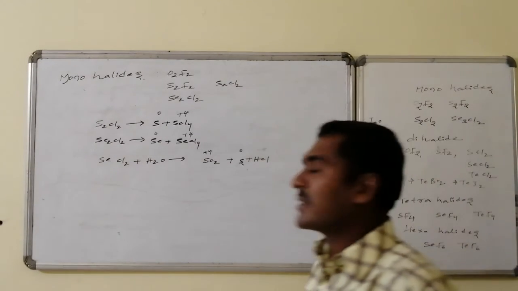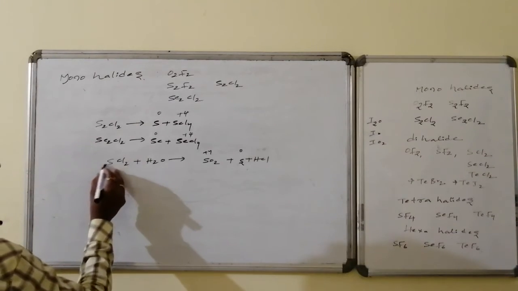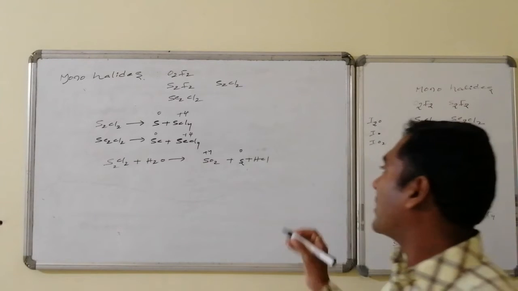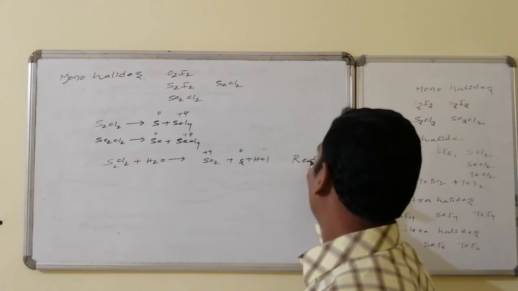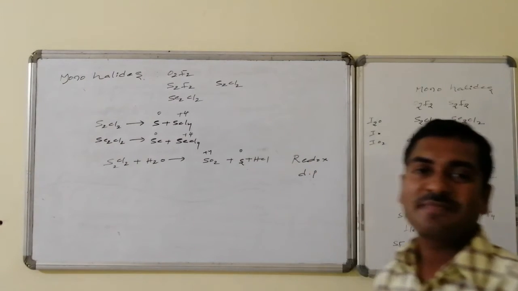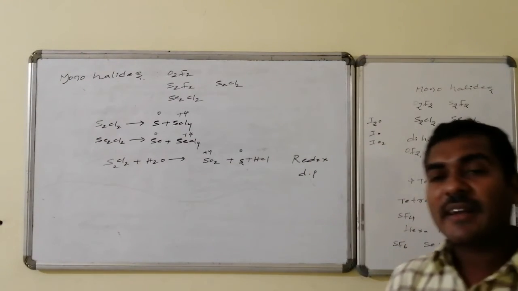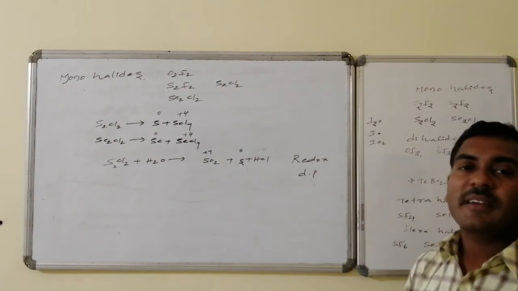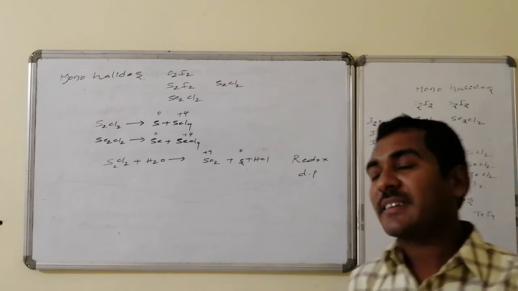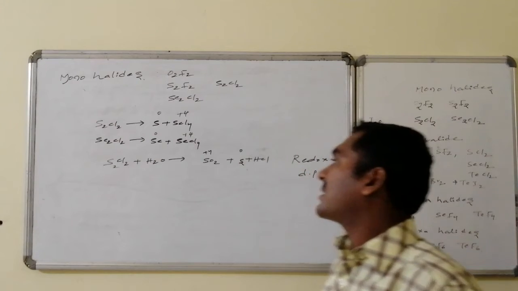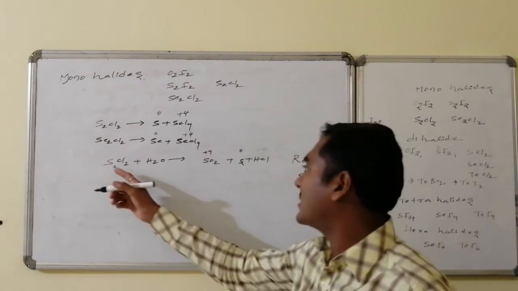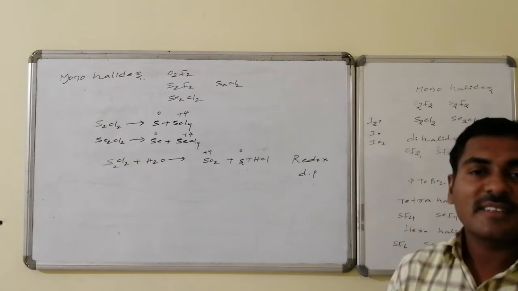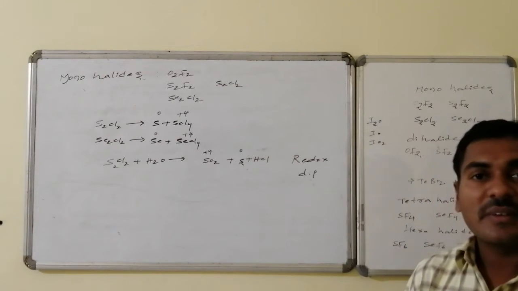These dichlorides also undergo hydrolysis on reaction with water. The sulfur dichloride on reaction with water undergoes hydrolysis, and that reaction is also a redox reaction, and that too a disproportionation reaction. Sulfur with +1 oxidation state is converted to 0 oxidation state, that is reduction, and to +4 oxidation state, that is oxidation, hence it is a redox reaction of the disproportionation type.